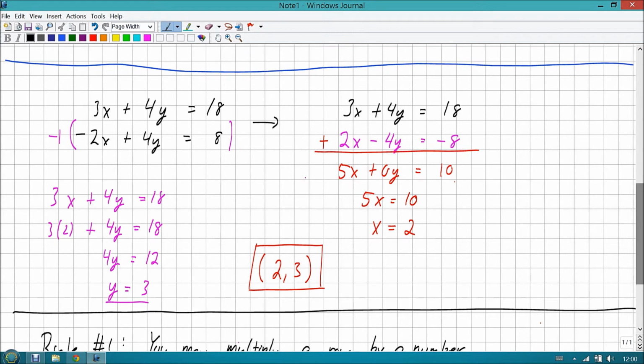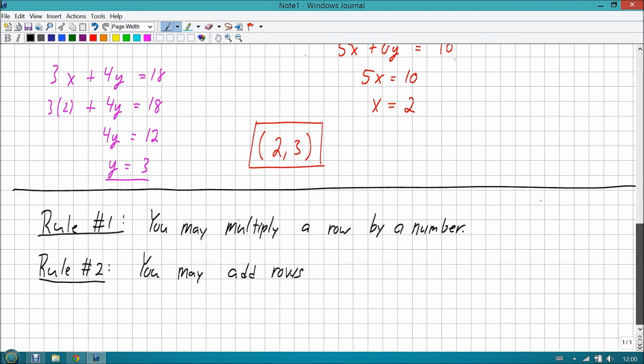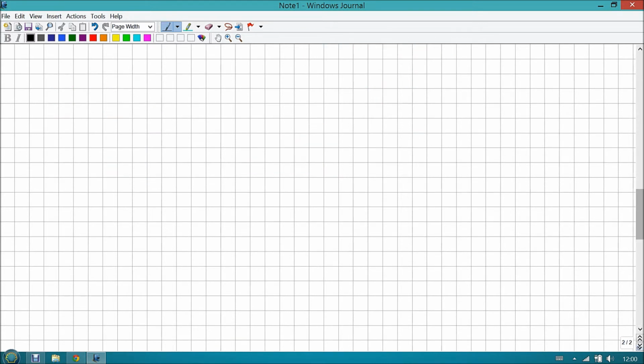That's my second rule. I'm allowed to add rows together, and I am allowed to multiply a row by a number. That's it. That's all I'm allowed to do. Can't do anything else other than the normal rules of algebra. So for the elimination method, you may multiply a row by a number, and you may add rows.